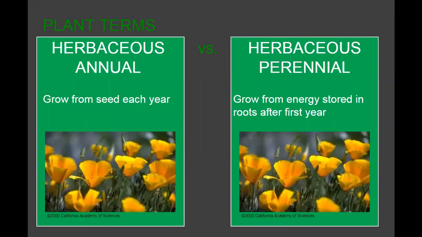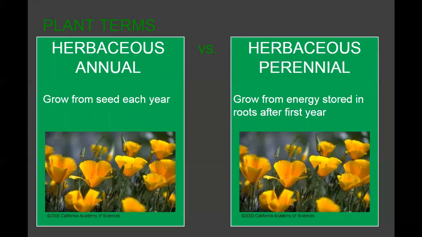And there's herbaceous annual versus herbaceous perennial. A great and awesome example of this is the California poppy. These are plants that can grow either of two ways. They germinate from seed, go through their entire life cycle, and then die, and then the next generation also grows from seed.